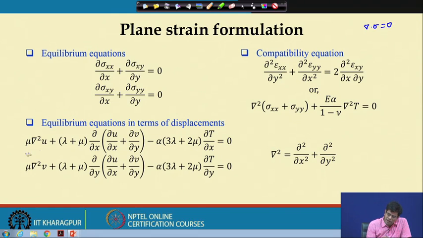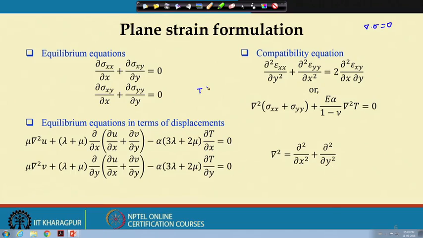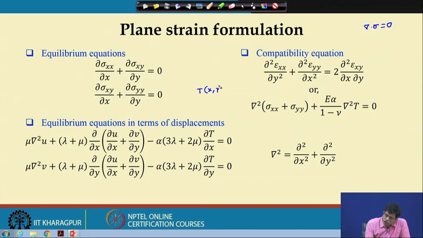So, this is the final form of the equilibrium equation, this equation in terms of displacement. The important thing is that you see del T by del x and del T by del y appear here, that is, temperature as a function of x, y. So, here T is actually a function of x, y. So, del T by del x, that is temperature distribution within the body, will be space dependent.